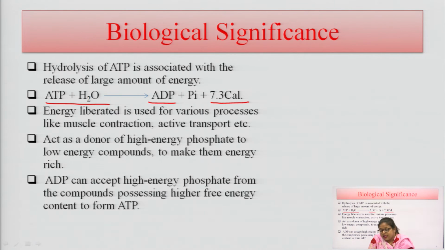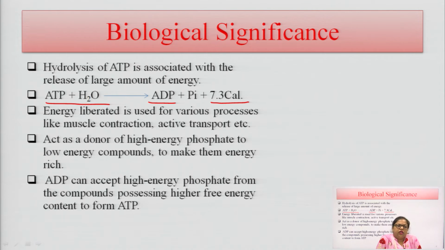The energy liberated is used for the various processes in our body, like muscle contractions, active transport, function of the brain, and other cellular processes of transcription, replication and other reactions in the body. It acts as a donor of high energy phosphate to low energy compounds.